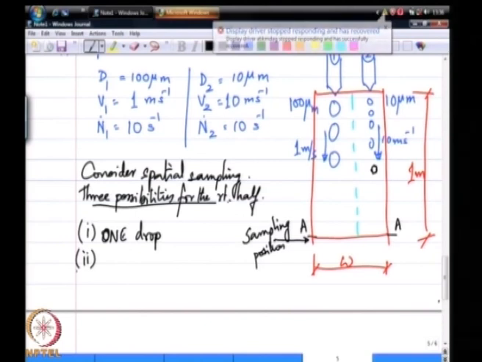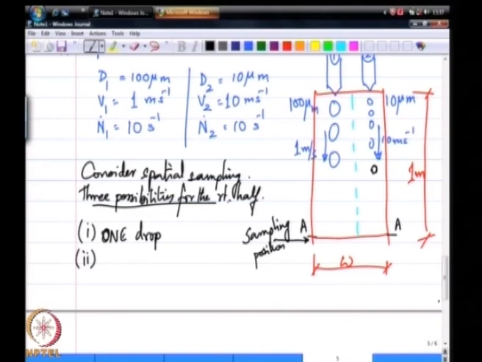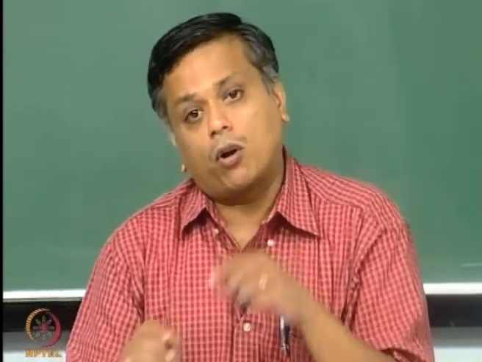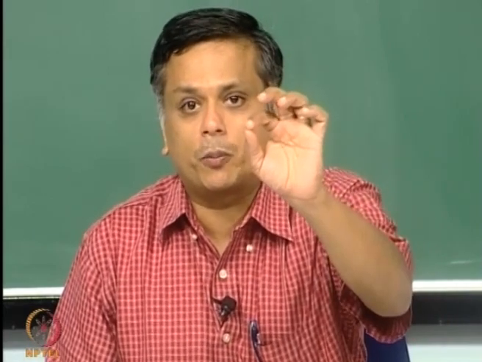or there is also a very remote instance, say for example, if this was not 1 meter but 0.9 meters, or slightly less than 1 meter, I could also have the instance where the drop has just exited and I have not yet produced the next drop on the right half. So, I will have no 10 micron drop. I could also have, if it is slightly greater than 1 meter, the instance where I have one drop just about to exit and another drop just about to be produced.